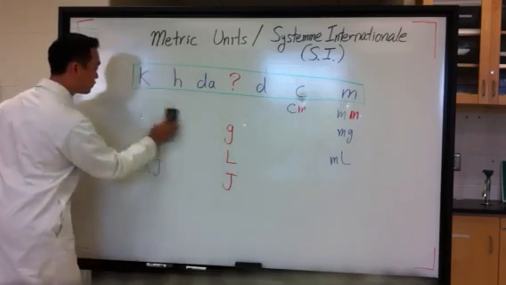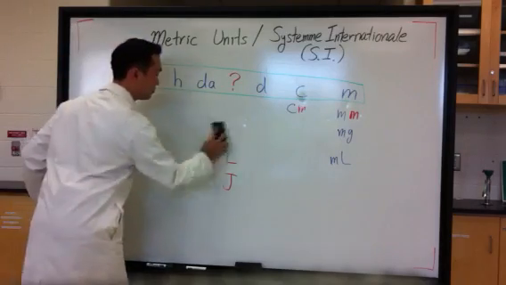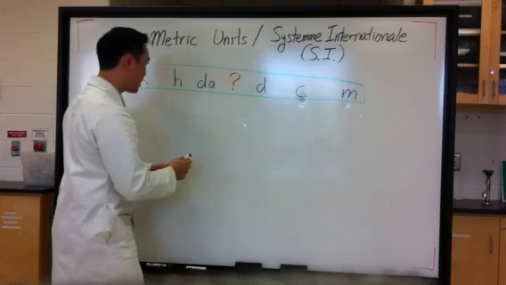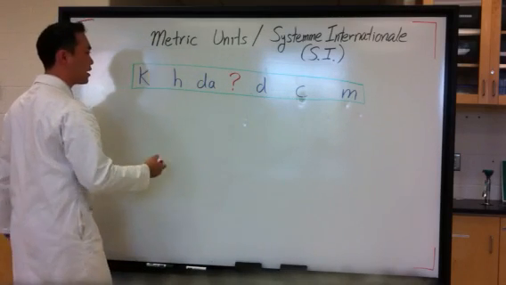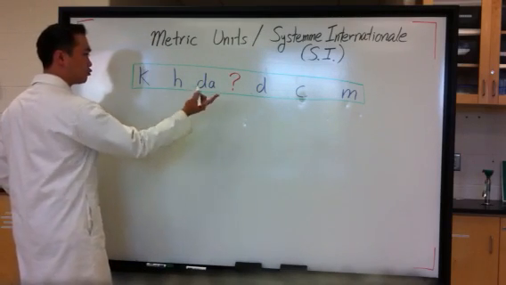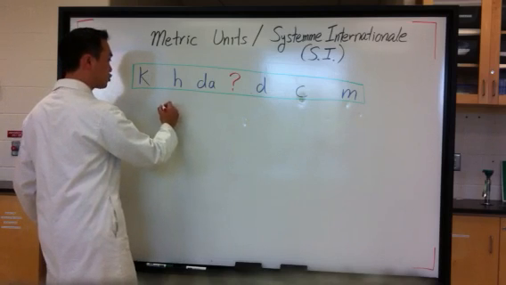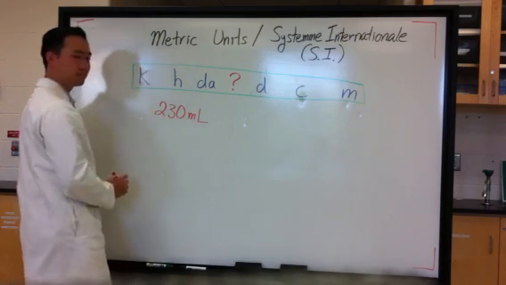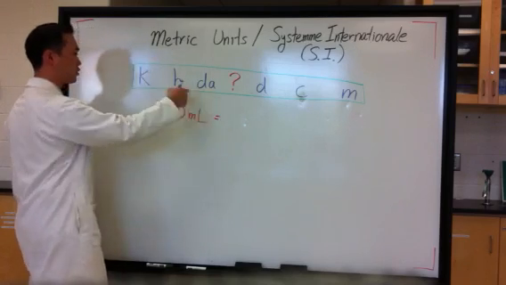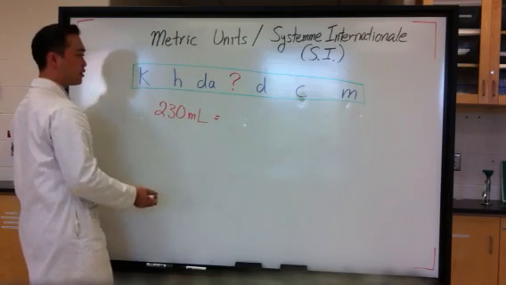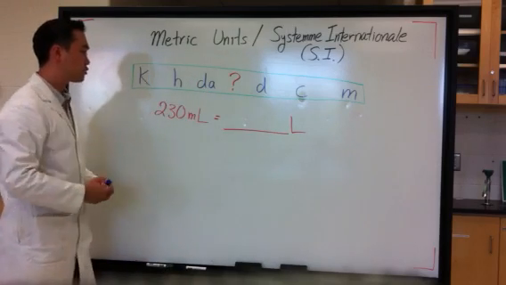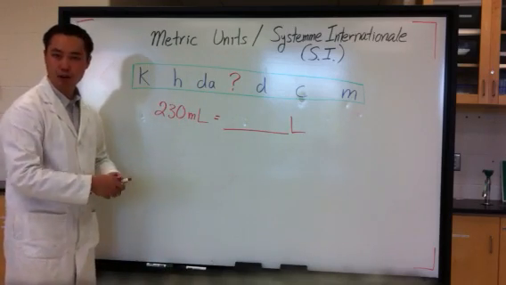Okay, so how do we convert using the metric system? Let's start off with a sample question, such as what happens if I've got, let's say, 230 milliliters, and I want to convert this into liters. So, here's what we do. First we find out where we're starting from.